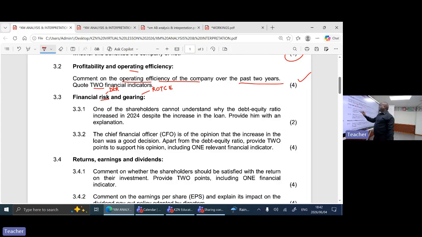I think here they wanted to say decrease. I'm not sure whether there was an errata or what, because there's supposed to be a decrease. The debt equity ratio did not increase.